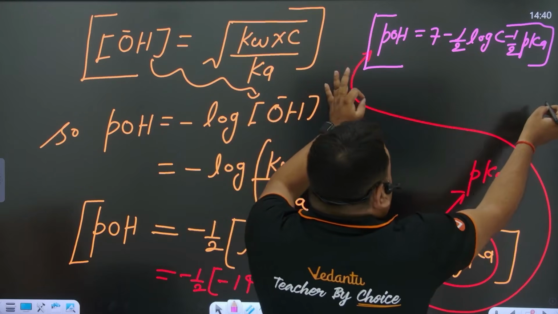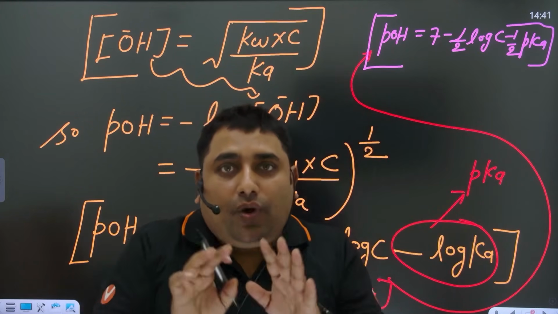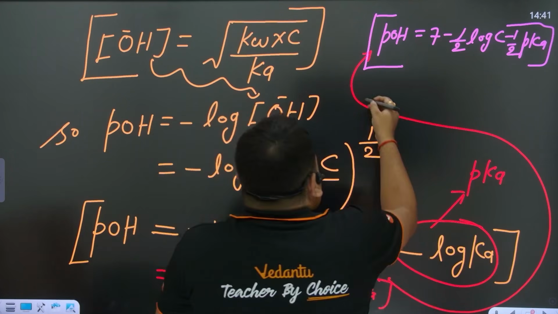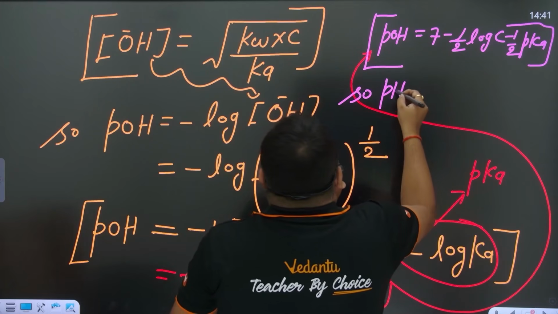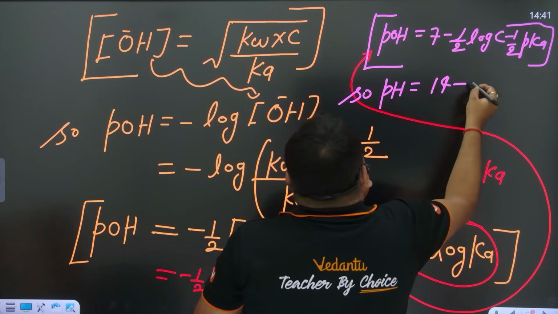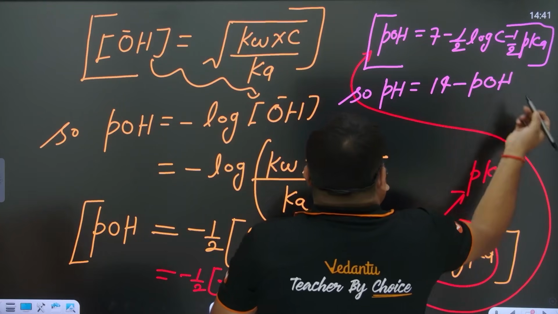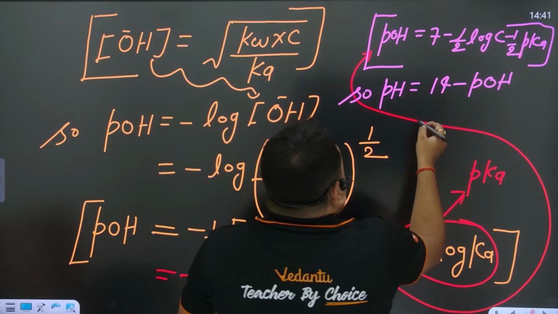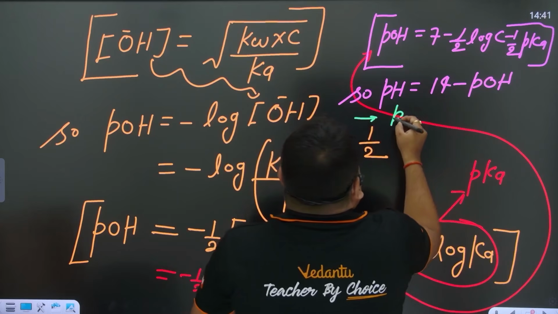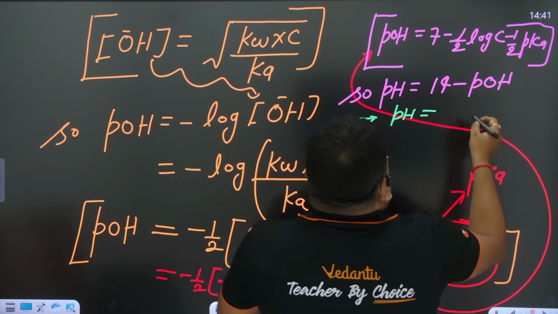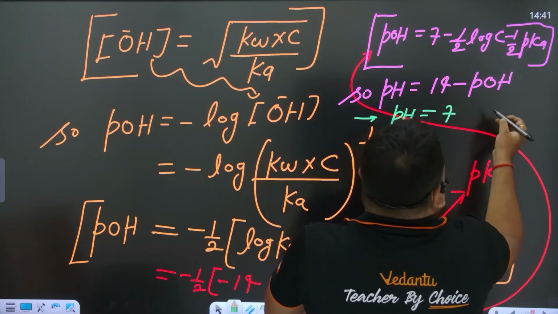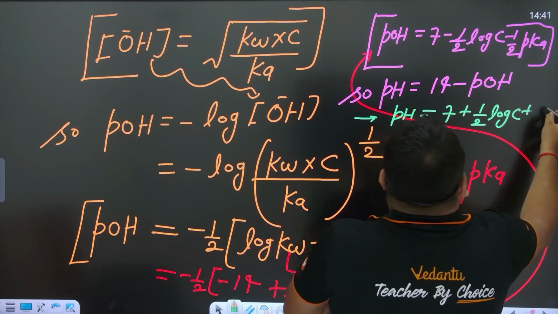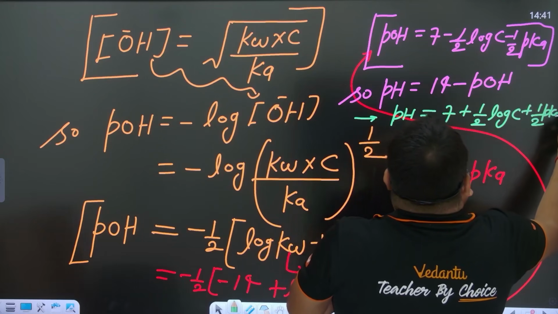Now if pOH is known, then how do we write the formula to calculate pH? Just simply use pH plus pOH gives 14. So pH is equal to 14 minus pOH, right? If you use this formula, then pH is equal to 14 minus, so you get 7 and then plus 1 by 2 log C plus 1 by 2 pKa.